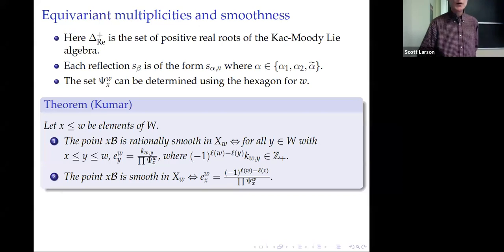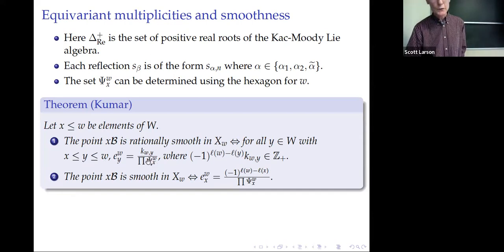And in any event, Kumar proved that if X is less than or equal to W, then the point is rationally smooth, you get a condition which is very much like the Carrell-Peterson criterion, where the equivariant multiplicity is a constant over this fixed product. If it's rationally smooth, this product has the length of W roots.